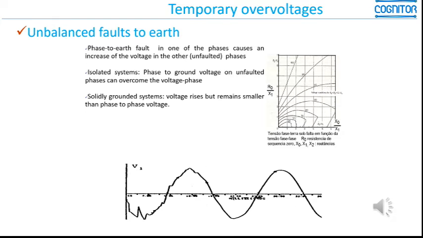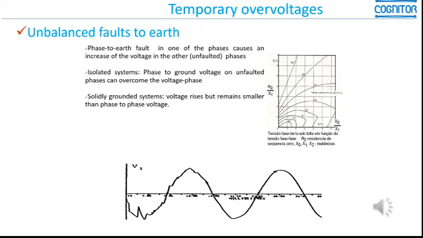The case of temporary overvoltage caused by unbalanced faults to earth is a very common case that we have in our cities. Let's suppose I live here in Rio de Janeiro. Here in the summer we have some big rains, big winds, and in the moment of the big winds, the trees touch the cables, and in this case you may have a single phase short circuit.